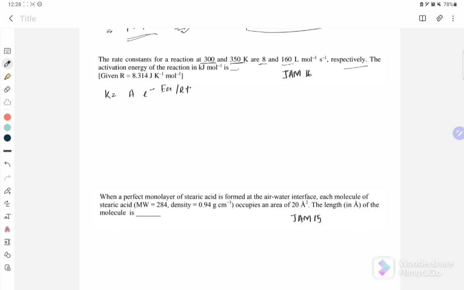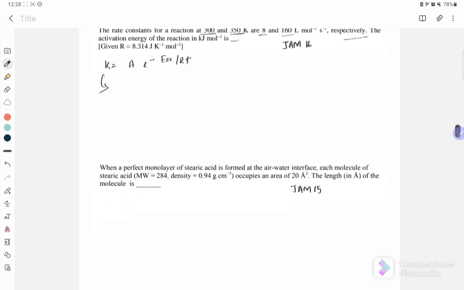From this we can derive that log of K2 by K1 is equal to Ea by 2.303 into 8.314 times (T2 minus T1) by T1 T2.